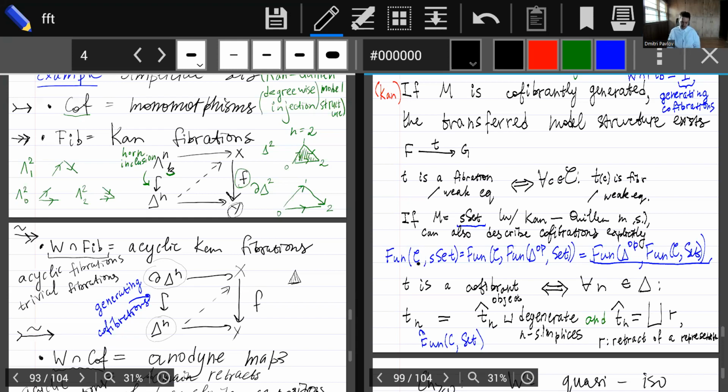So, for example, if C is Cart, so we are dealing with presheaves on Cartesian spaces, then basically a simplicial presheaf on Cartesian spaces will be cofibrant if non-degenerate simplices split off, and the presheaf of non-degenerate simplices looks like a disjoint union of a bunch of Cartesian spaces. And a typical example of that later will be the Čech nerve. The Čech nerve will be projectively cofibrant.